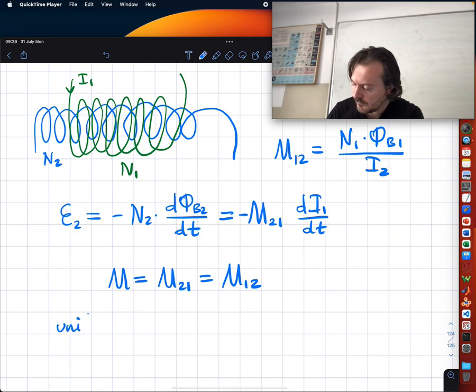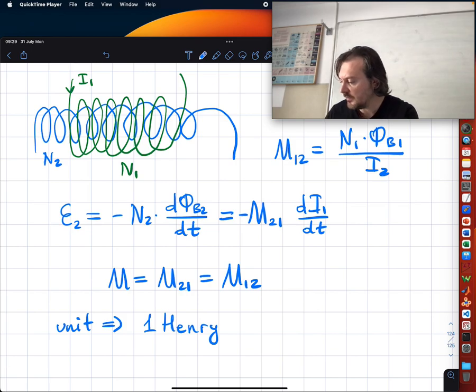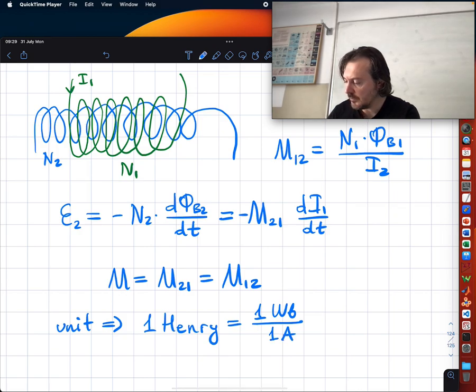Weber per ampere. Very good. And we have a name for this one. Henry, right? Weber per 1 ampere, which is ohm times seconds.